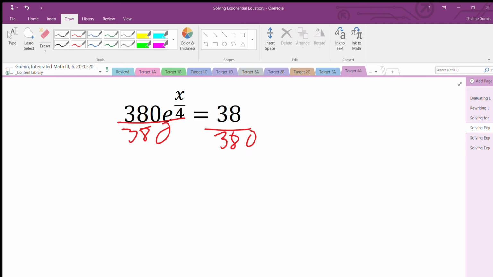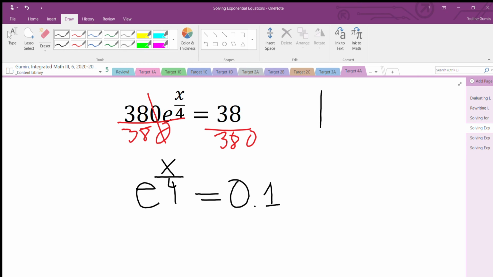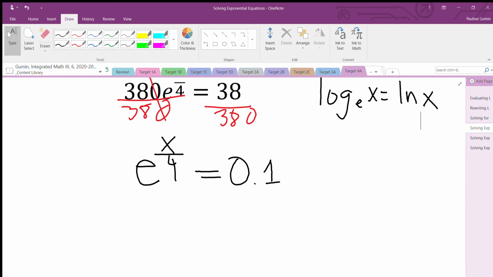I'd like to remind you that e is an actual number. It's Euler's number. It's 2.72, etc. And when we give a logarithm a base e, just as a little reminder, it is actually ln, our natural logarithm. So when we use Euler's number, we use a natural log.